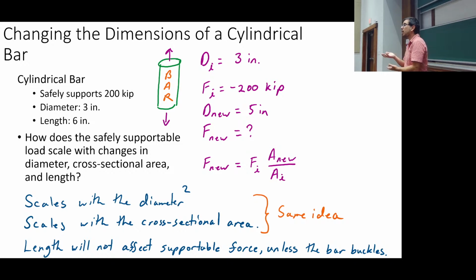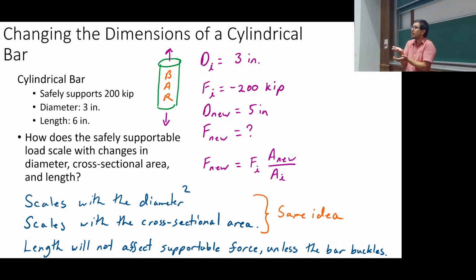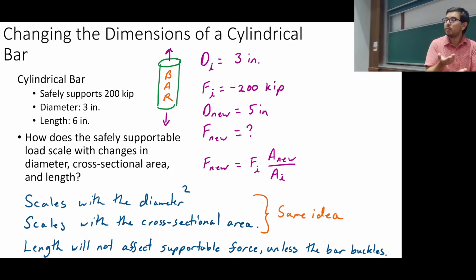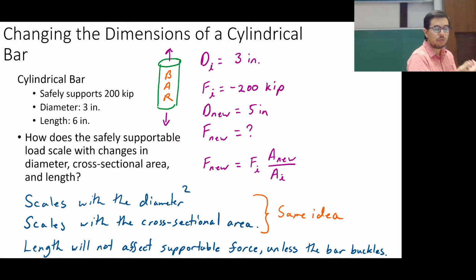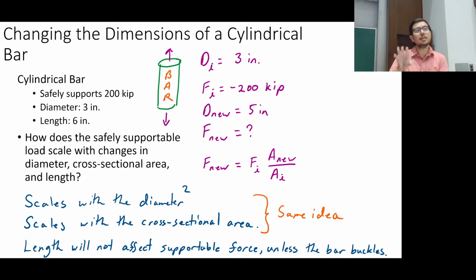If the new cross-sectional area is twice the old one, A new over A old is a factor of 2. But if the new area is less than the old area, then the ratio is a fraction less than 1.